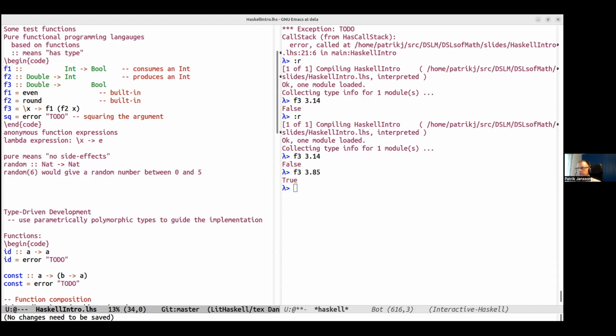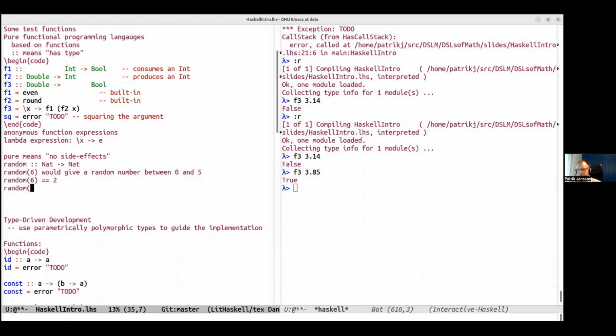It's often available, but the problem is that this is not really a function in the mathematical sense, because if I call random 6 two different times, I can get different results, but the function cannot ever give different results for the same input. So random of 6 could be equal to 2, and then the next call of random of 6 could be equal to 5.